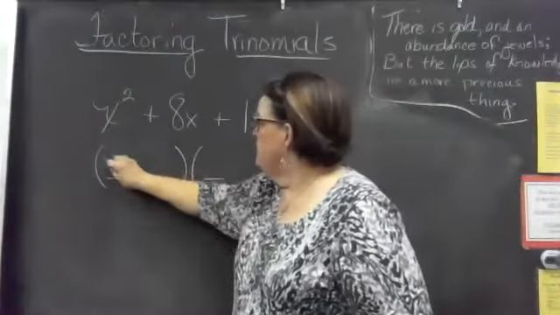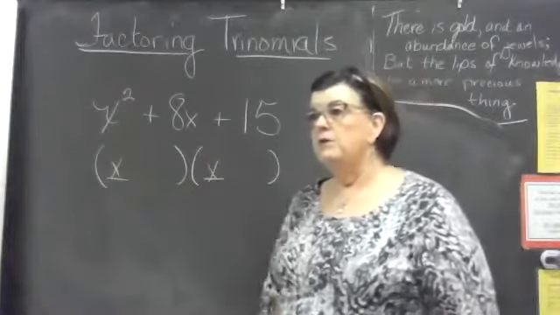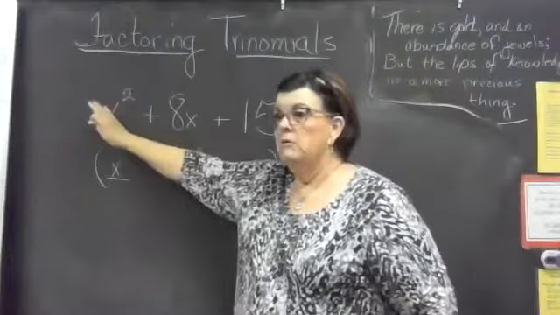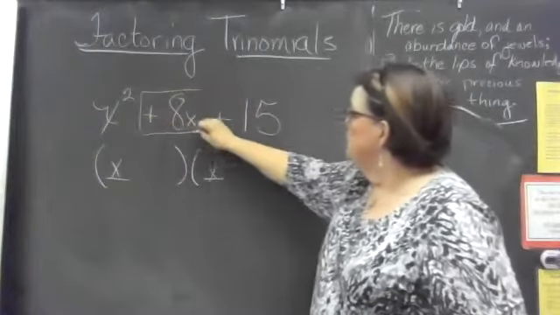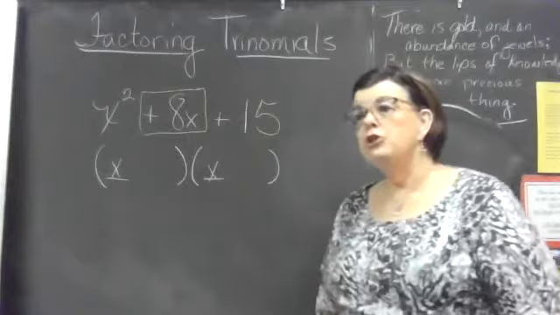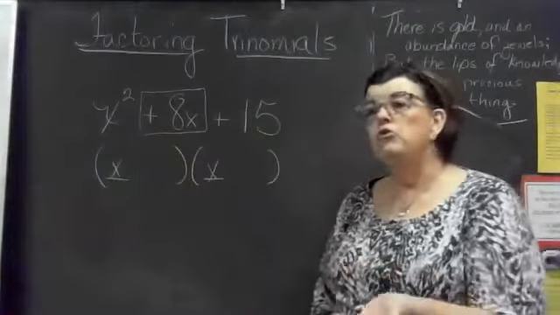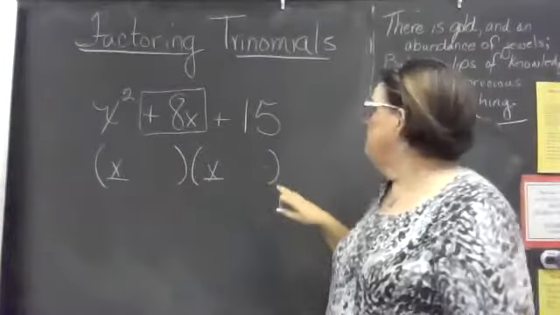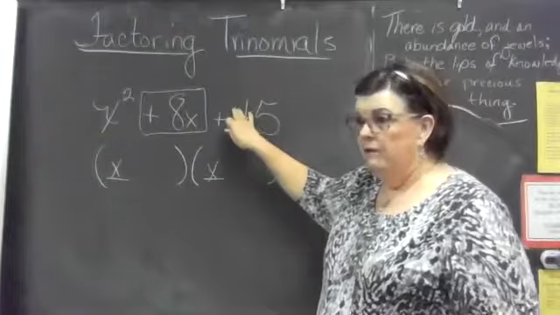So if I take x times x, that will give me x squared, right? Okay, so I'm done with that for now. Then I always suggest to my students that they box the middle term in, including the sign, and we're going to ignore that for a minute because we want a back value times the back value to give us the back value.